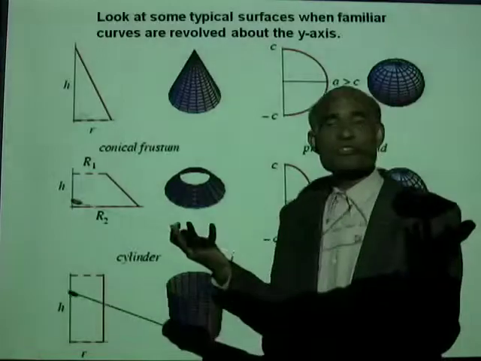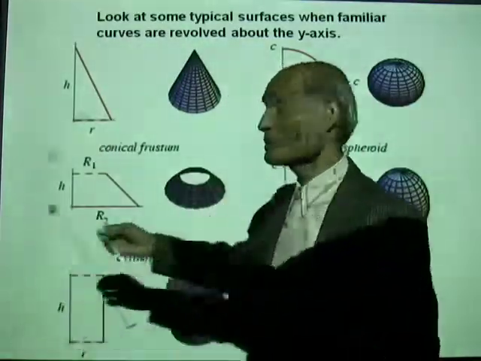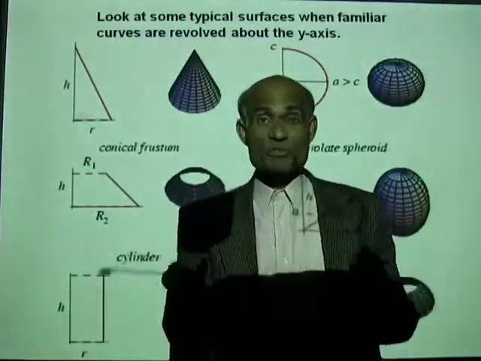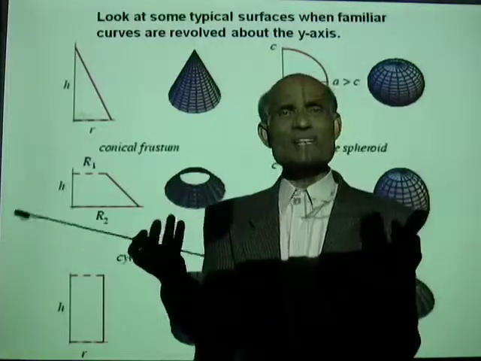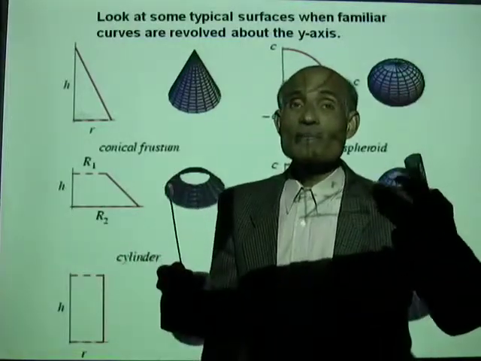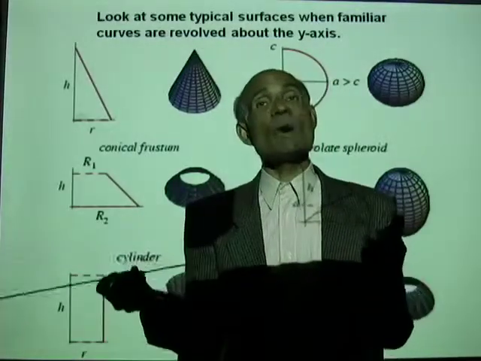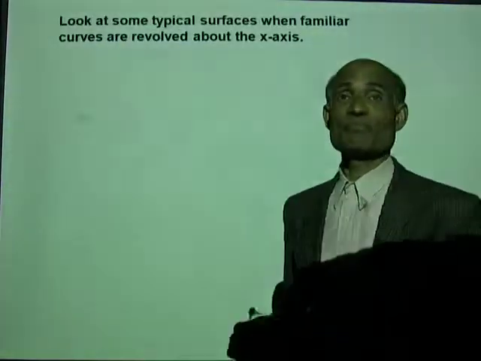So most of the solids that you see around, these are not solids, we are only generating the surfaces. So most of the surfaces that you see around are actually generated by revolving appropriate functions either about the x-axis or y-axis or any other convenient axis.